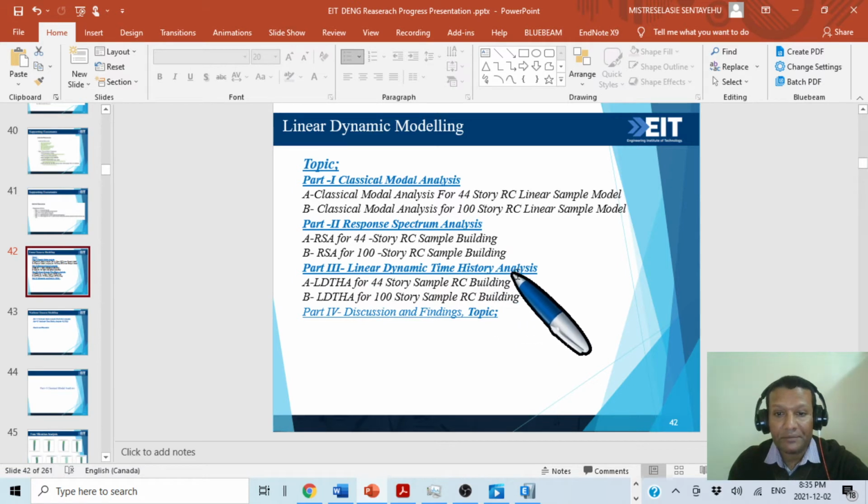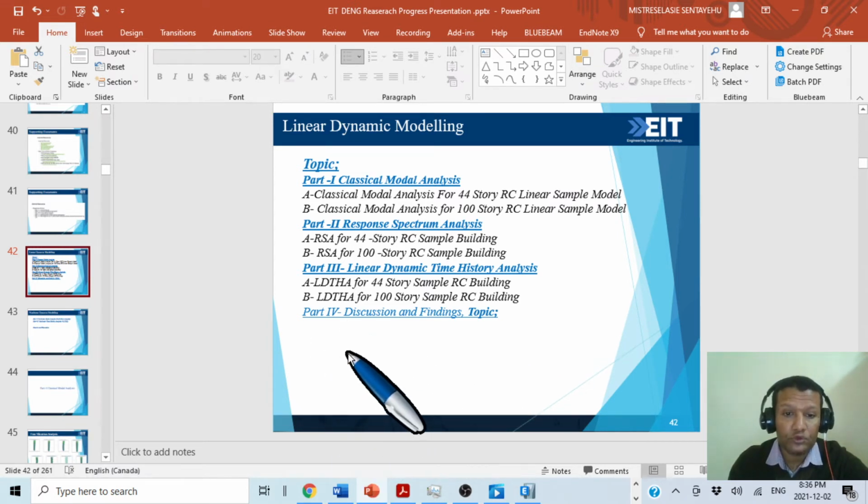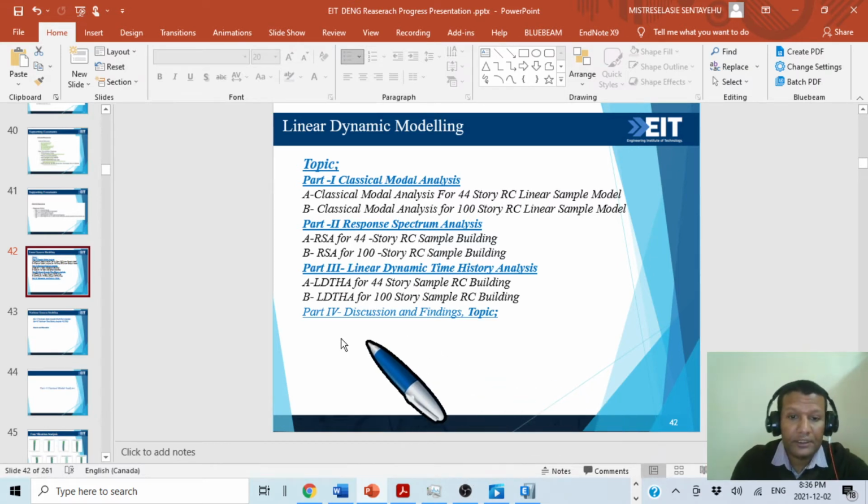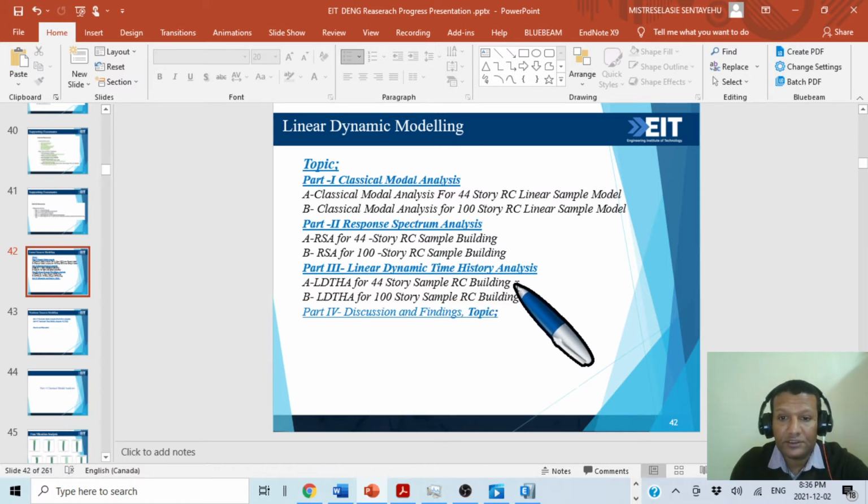Linear dynamic time history analysis for 44 and 100 story, as we already extracted 11 ground motions, then we will scale and match them to our target response spectrum, the design response spectrum. How we are going to match it, we will see, because that is also another part.